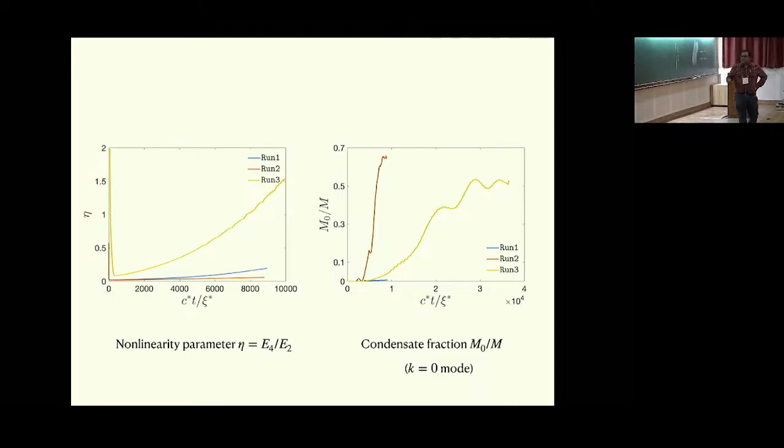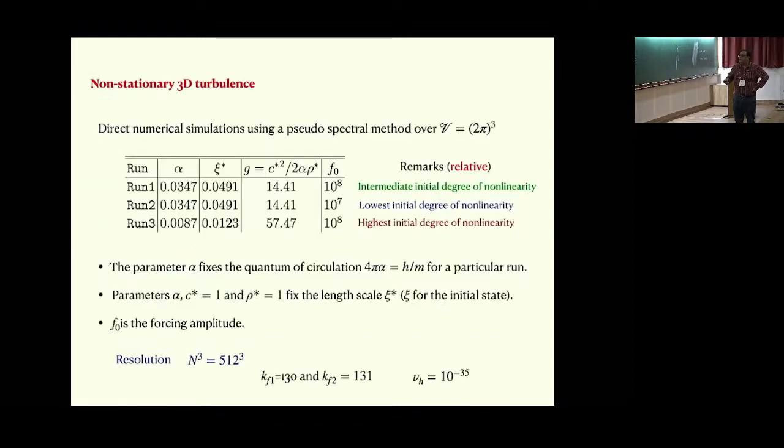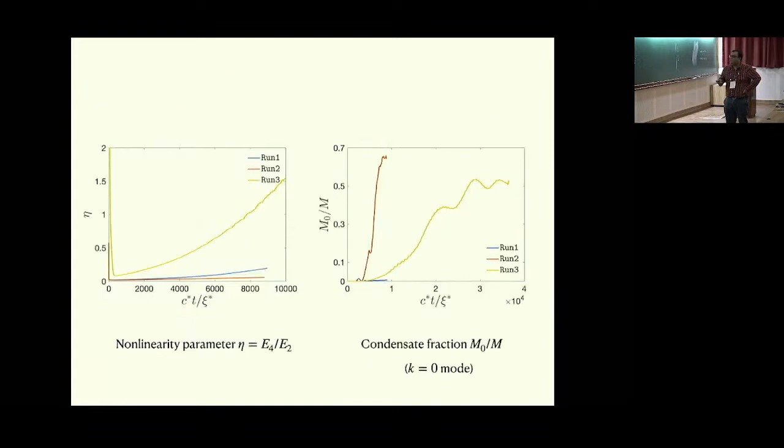But the moment the forcing starts to dominate, you will see for quite a bit of time, let's say if I focus at 2000, the nonlinearity parameter for the strongest nonlinear run, that is run 3, which has the highest G, even for that, eta is less than 0.2. So even my strongest nonlinear run is weakly nonlinear, so I should be in the regime of weak wave turbulence.